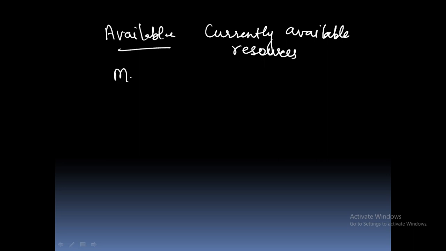And max means the maximum number of instances of each resource type that a process can request. Maximum request. And third is allocation.